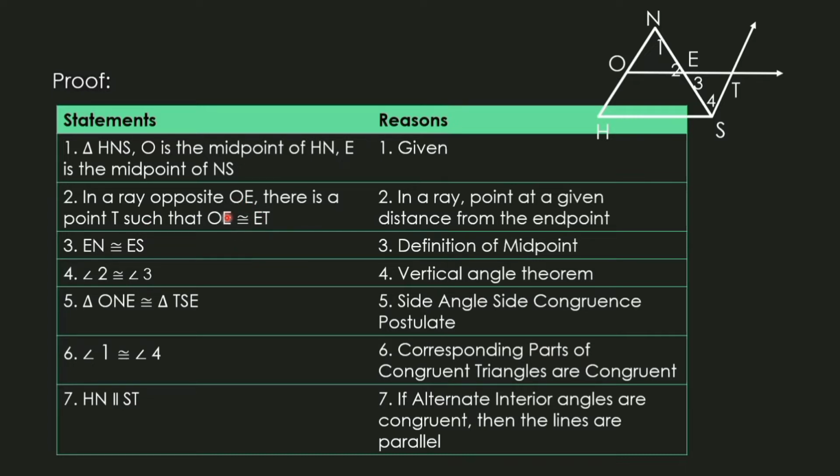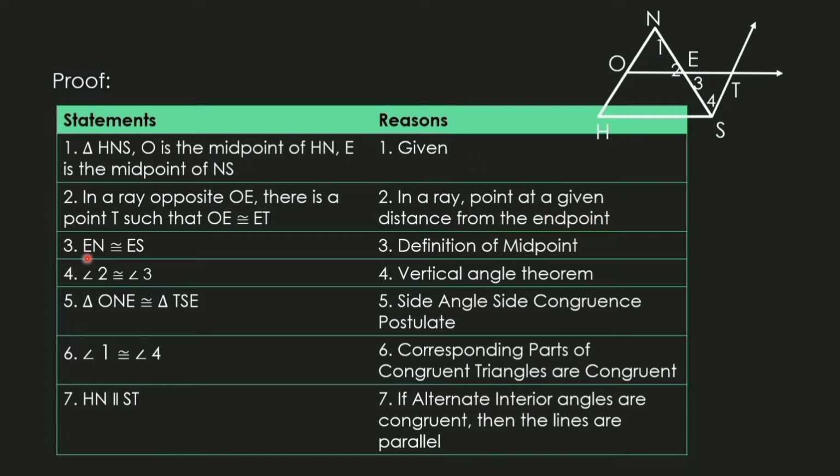Take note of this symbol. This is read as congruent. Congruent means equal. So this is our ray OE. Opposite OE, there is a point T, such that OE is congruent to the measure of ET. The reason is in a ray, point at a given distance from the endpoint.